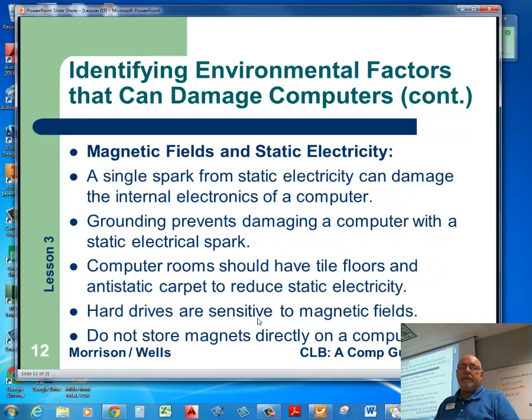So magnetic fields, that would be in industry where you'd have potential for large magnetic fields. You have to be sure your computer is not in one. Of course, storage media has got to be protected from that. You have to be cognizant of where magnetic fields could be occurring. And then instead of carpet, you want tile floors.